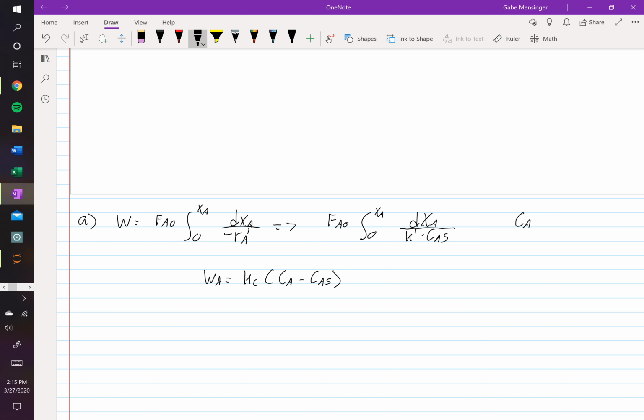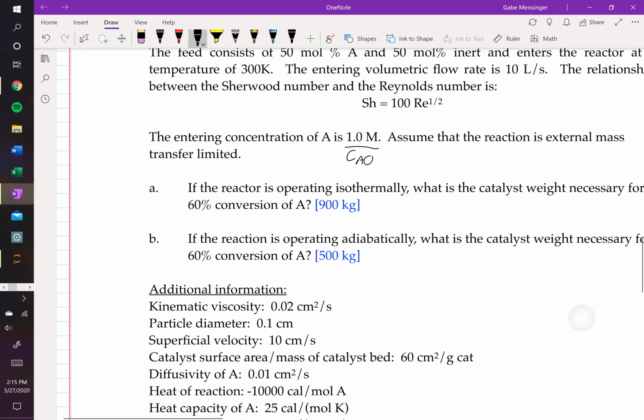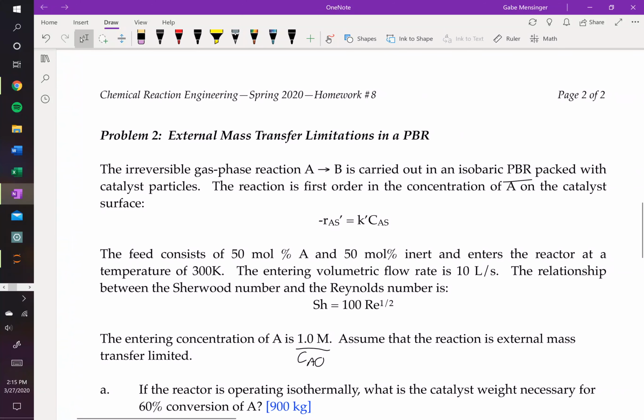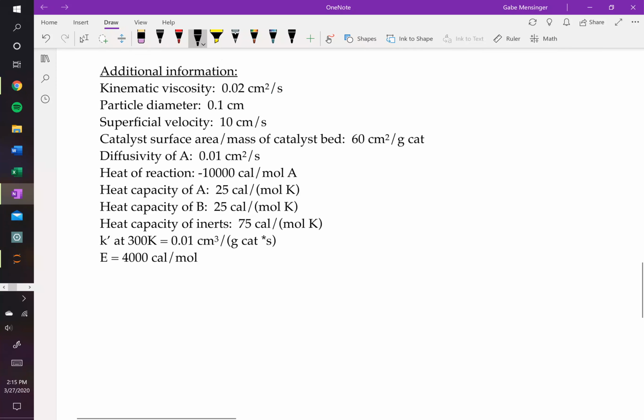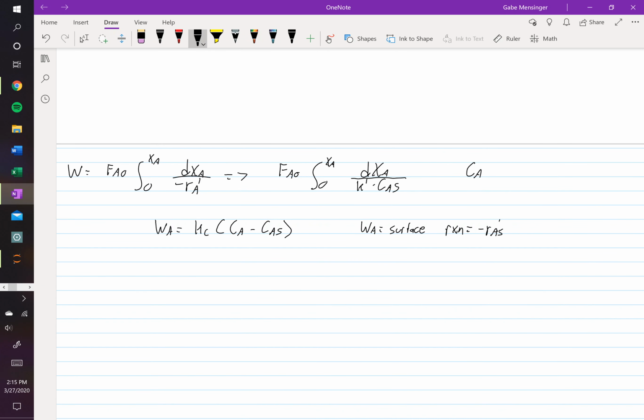And also, because we are assuming that this is at steady state, we can also say that our flux is equal to our surface reaction. And our surface reaction, we are told, given in the problem statement, is just minus RA prime on the catalyst surface, or RAS prime, sorry.